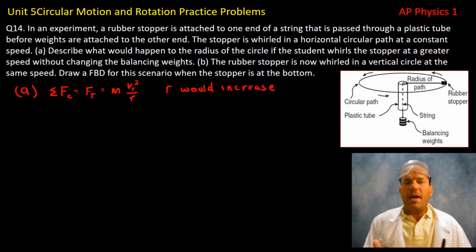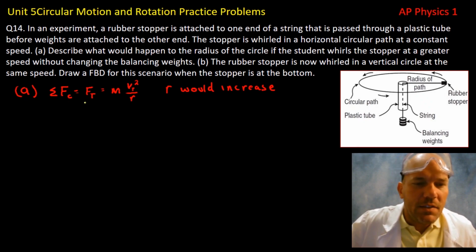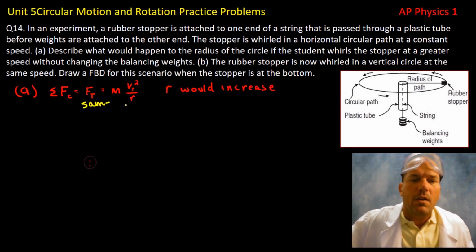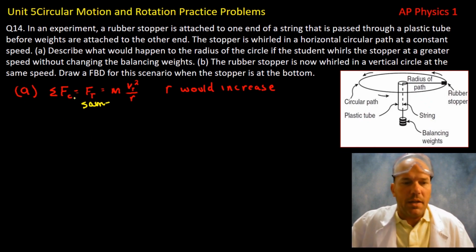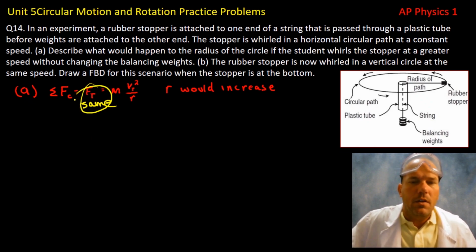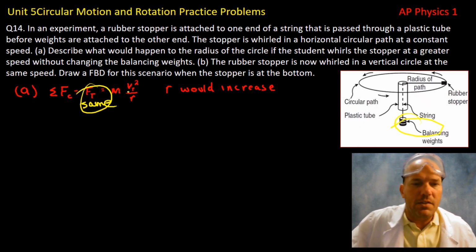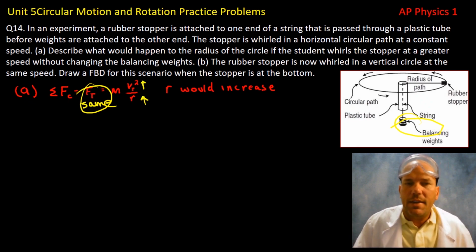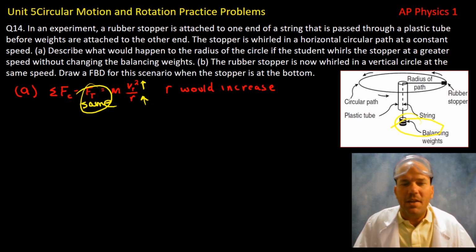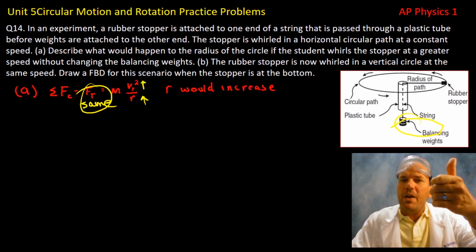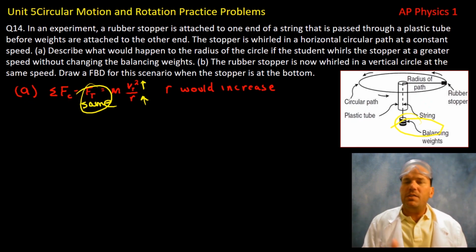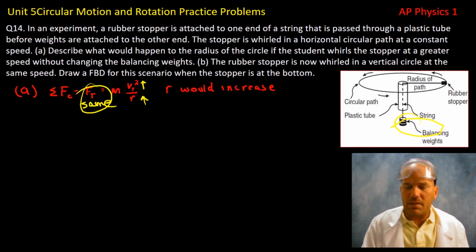We would show that if this is the same, because we're not changing the balancing weights, and this went up, the radius would also increase. Again, force of tension is the same. Mass is obviously the same. The tangential velocity increases, therefore the radius must also increase if force of tension is to remain constant.